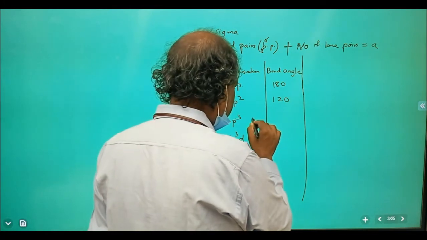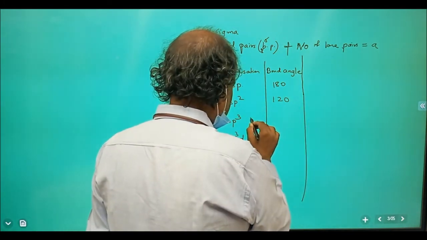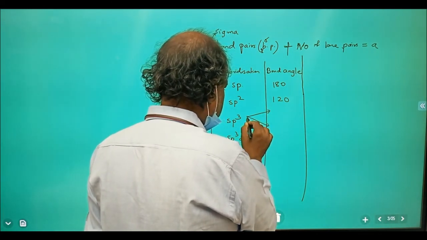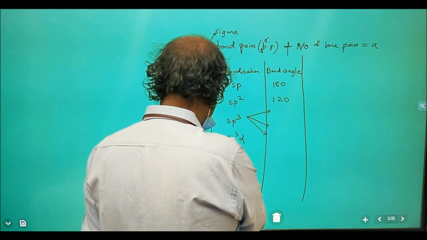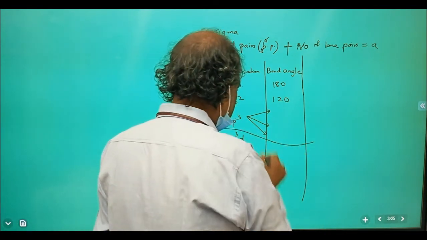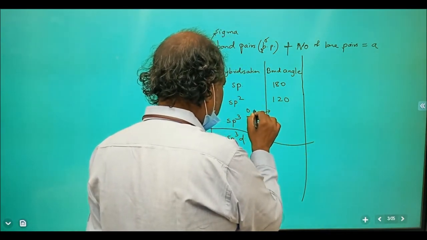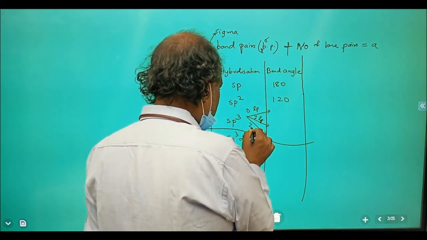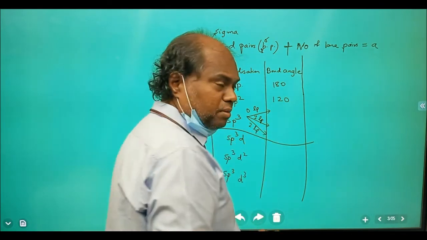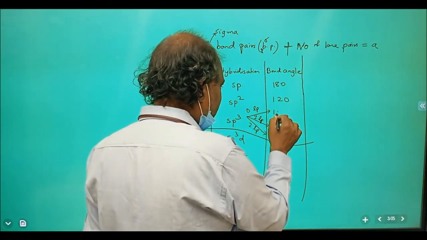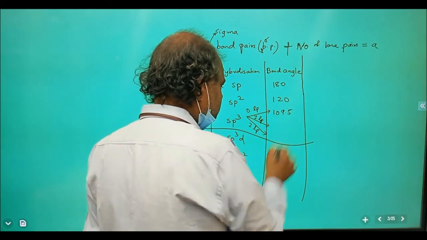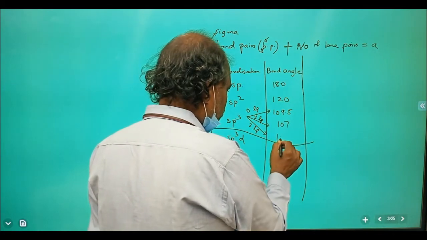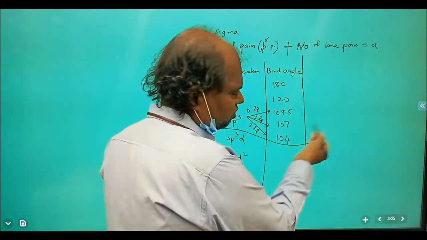So for SP3, see, no lone pairs, 0 lone pair, 1 lone pair, 2 lone pairs. 0 lone pairs, what will you get as the angle? 109.5. 1 lone pair, 107. 2 lone pairs, 104.5.